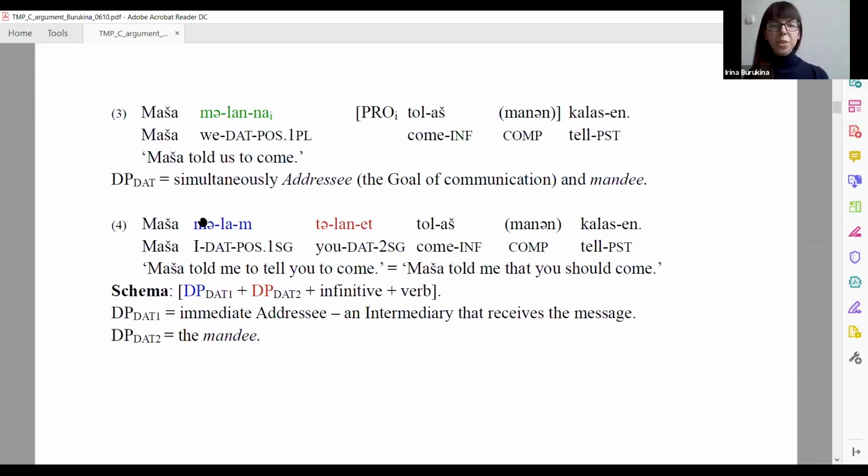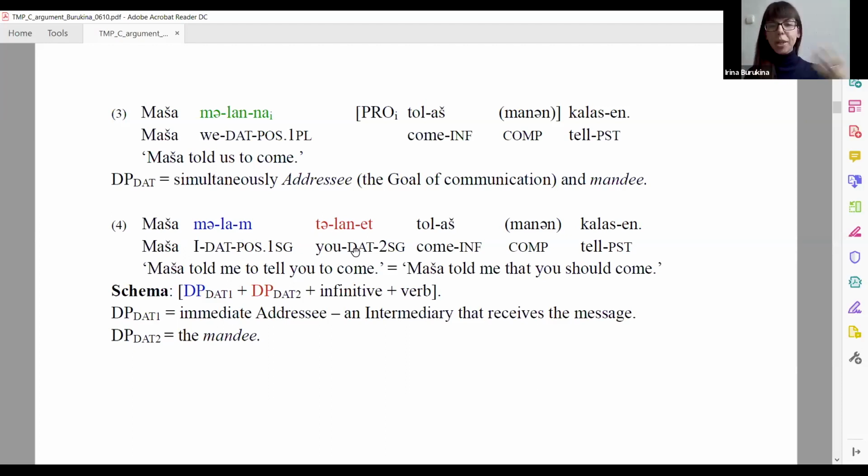So we have here two datives which are not co-referenced. The blue one, which I will color code in blue, is interpreted as the immediate addressee, and the red one is interpreted as the mandi, the one who should do something. So we sort of split these two roles and assign them to two different dative dependents in this case.